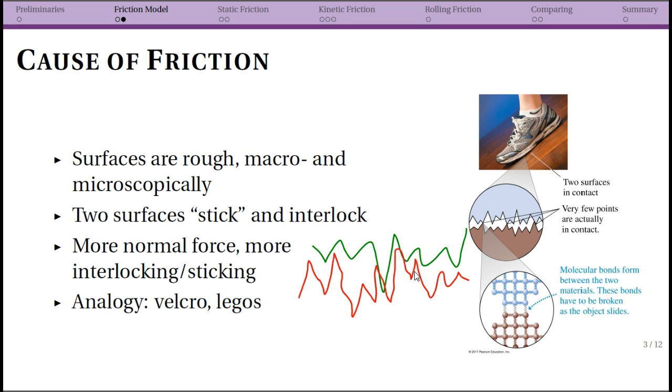As we push harder and harder, they go up and merge together more. So now we have larger areas that are in contact, or at least more areas that are in contact, and it's going to be harder for them to slide horizontally since the jaggedness is more interlocking.